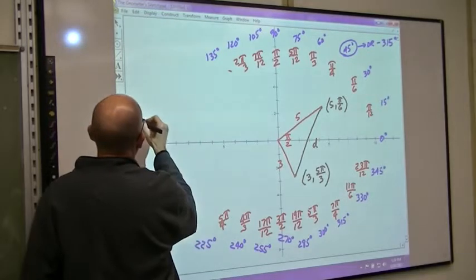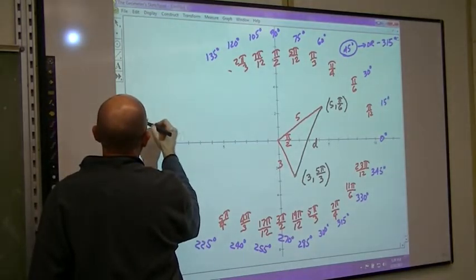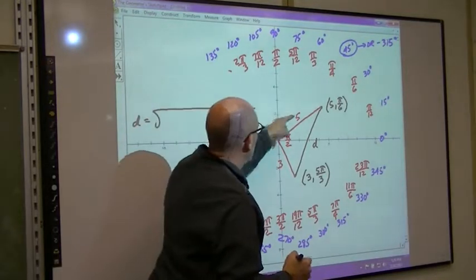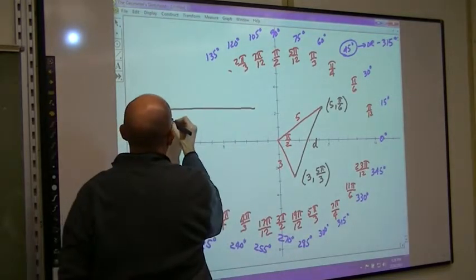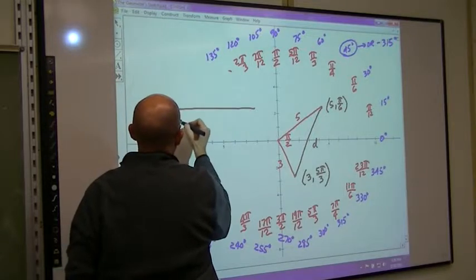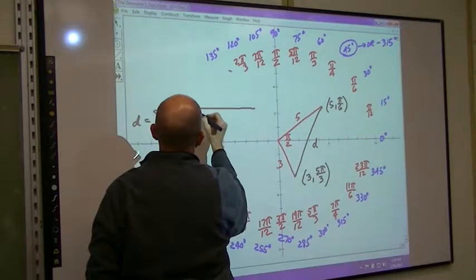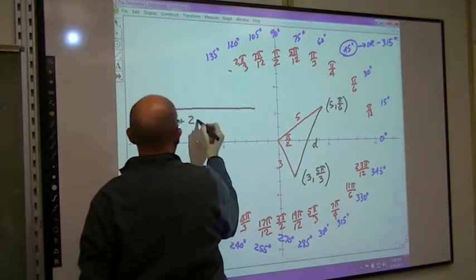Okay, law of cosines says that the distance is going to be the square root of the first side squared plus the second side squared. Oops, that's a 3.